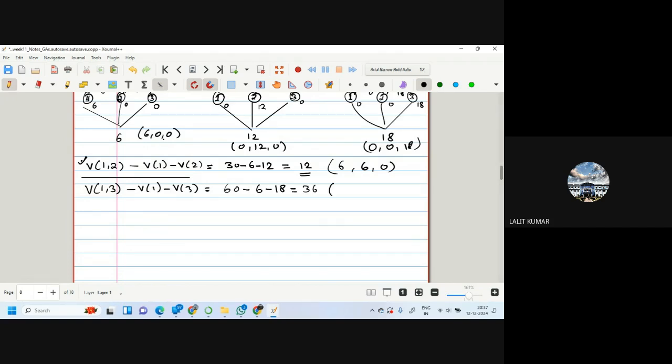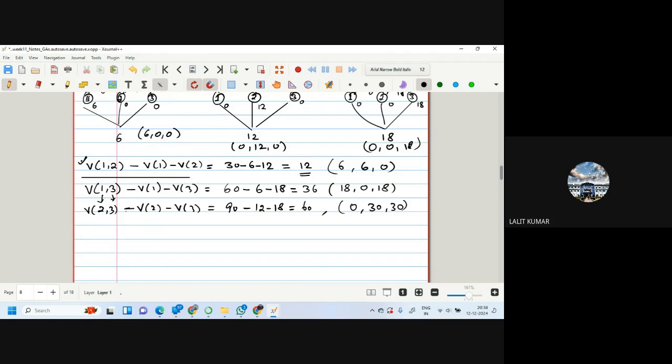I divide this between 1 and 3 as 18, 0, 18. Then V23 minus V2 minus V3: 90 minus 12 minus 18 becomes 60. I divide this between these two as well.